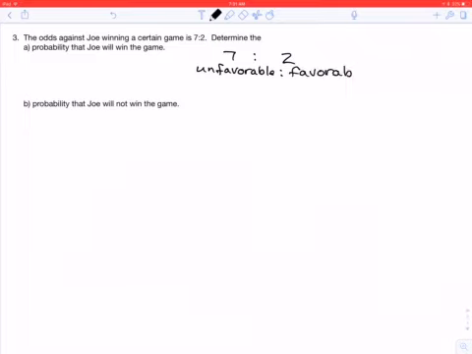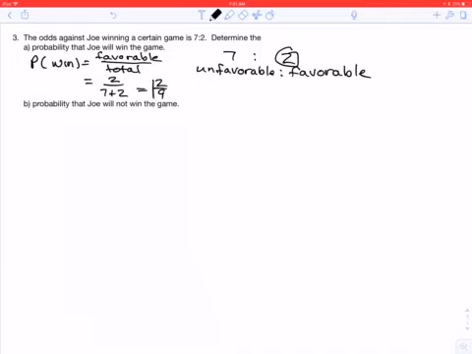So to convert that to a probability, what I need is a fraction consisting of the favorable over the total. Okay, so there were 2 that were favorable, and the total would be the unfavorable plus the favorable. So 2 to 9, 2 over 9.